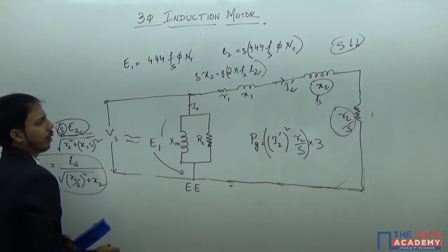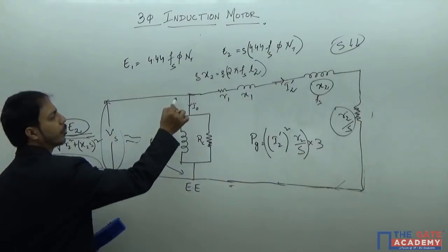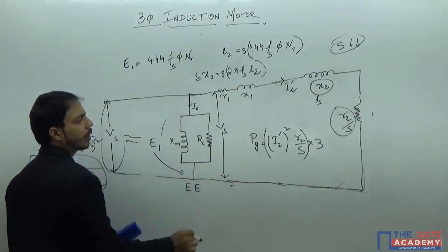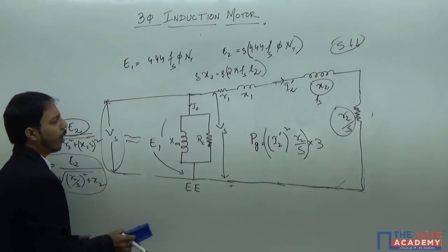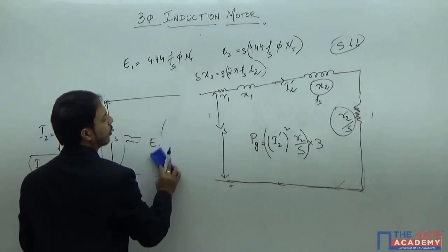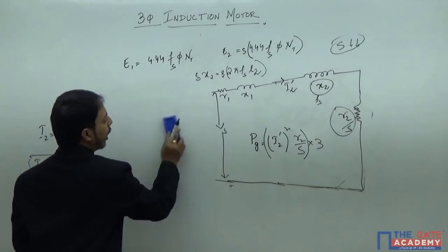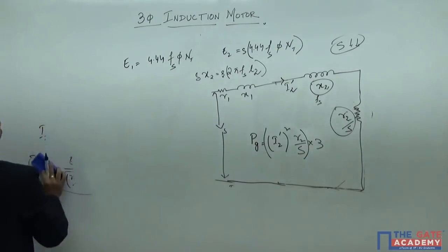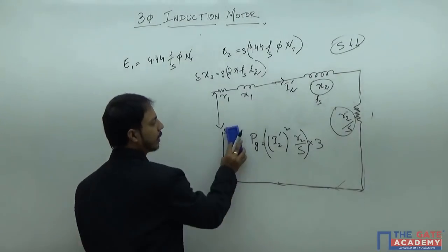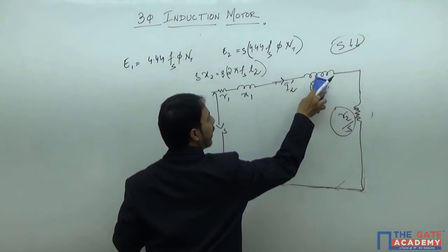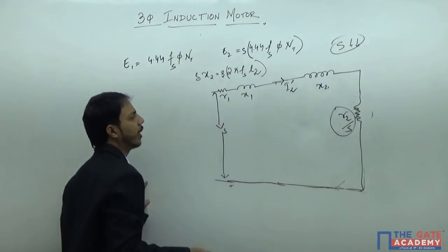And this Vs is parallel to this particular circuit, and also Vs is parallel to this particular circuit. Now, all in all, we can remove this also, because the current flowing through that particular part will be very negligible. So what is left is the best approximation circuit.